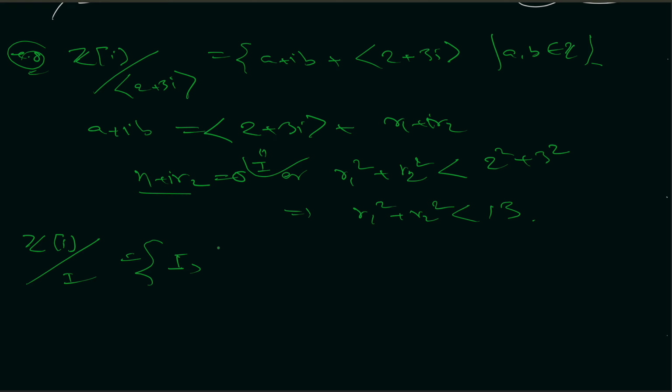Suppose r1 and r2 values: 1 and -1 definitely satisfy. That means you can take 1 plus i, -1 plus i, 2 plus i, -2 plus i, 3 plus i, i plus i, -i plus i, these will also satisfy. There are a finite number of choices. It will definitely stop somewhere. So this implies that this is going to be finite, right?